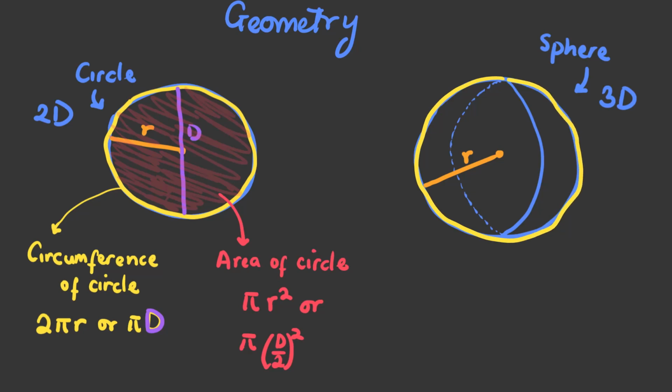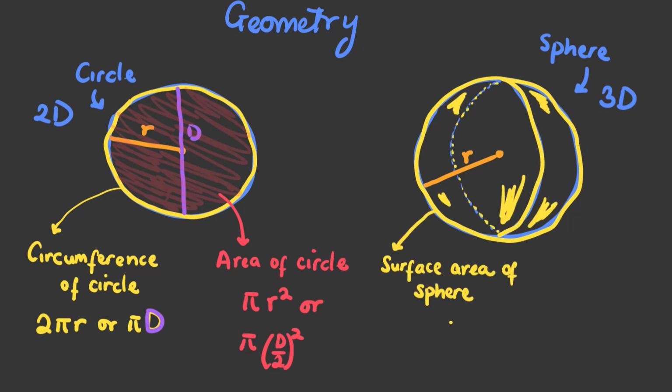To accomplish this, all we have to do is multiply the radius squared by pi, and multiply the result by 4. Or using the diameter of your sphere, we multiply the square of the half diameter by pi, and multiply the result by 4.